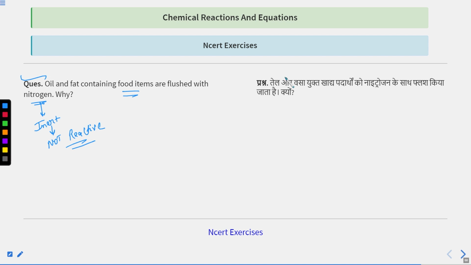Due to this oxidation, the smell and taste of that particular food will get changed. Due to the change in smell and taste, the food will become rancid. That will be unhealthy for our health. It means if we eat that food, it will not be healthy for us.